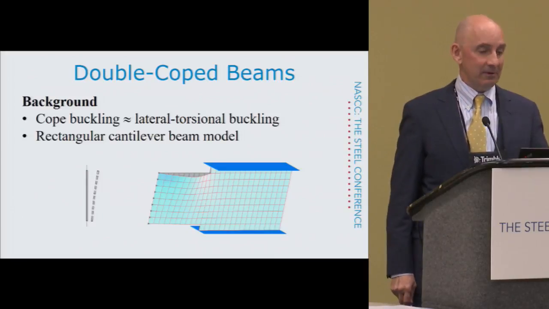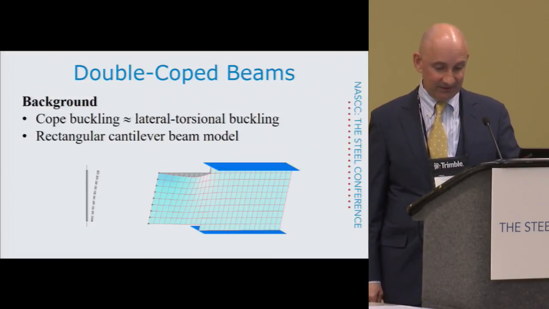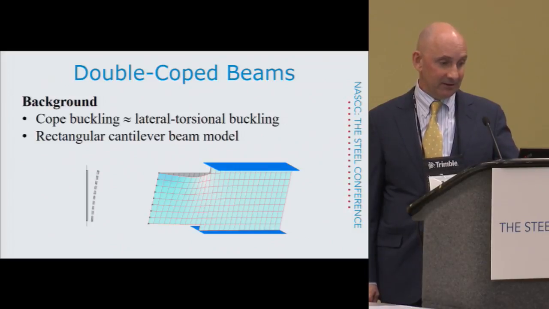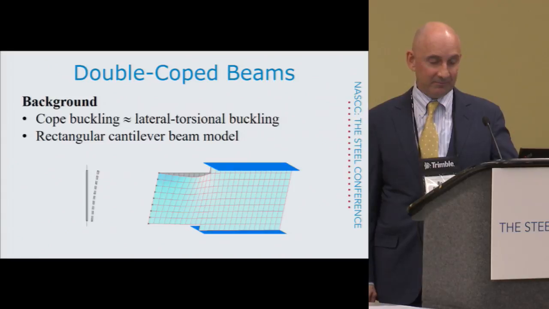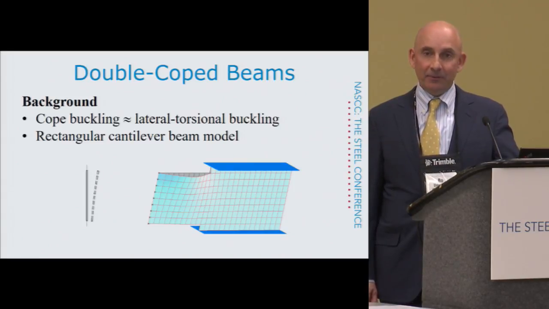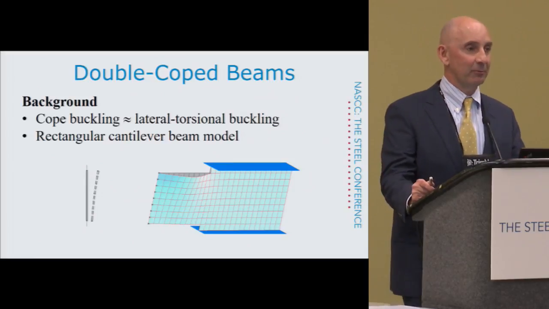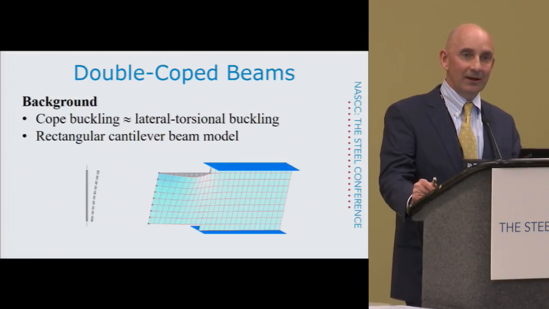So most of the time we have left is going to be in this background for double cope beams for flexure. This is also coming from the Ching-Yura and Johnson report, University of Texas.